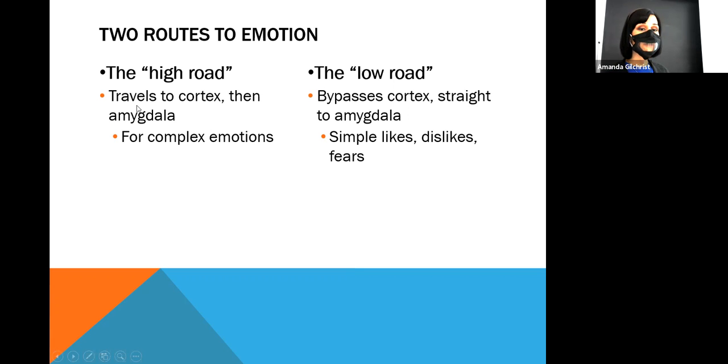So before you actually process that emotional experience, it's going to start in the cerebral cortex where a lot of your complex cognitive thought is. And then after going to the cortex, that information is going to be sent to the amygdala, which is critical for processing emotional experiences. So oftentimes this is going to happen for complex emotional experiences.